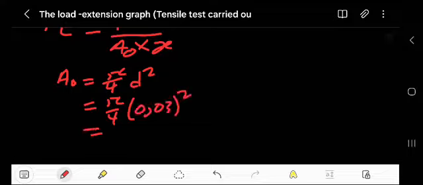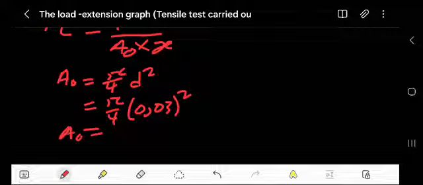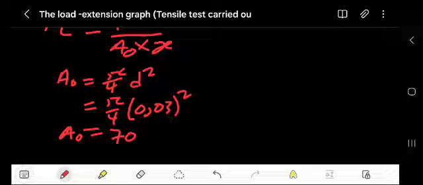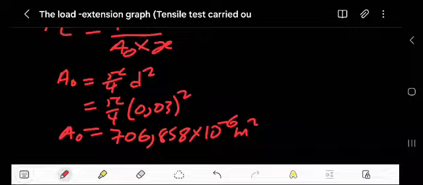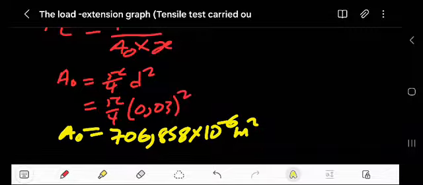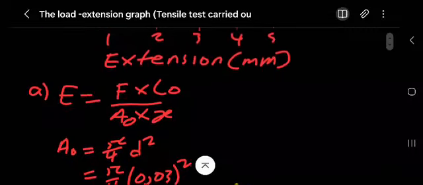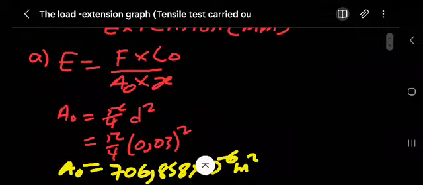Squared is your original area, 706,858 times 10 to the minus 6 meters squared. Yeah, this is what we'll have. Now we have the area.